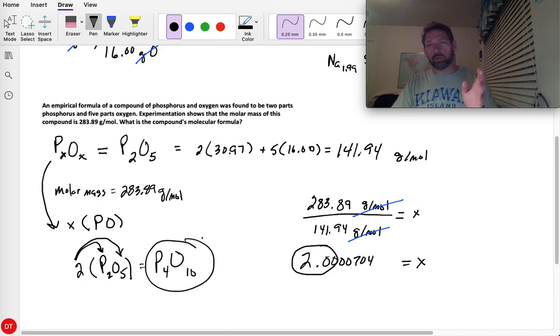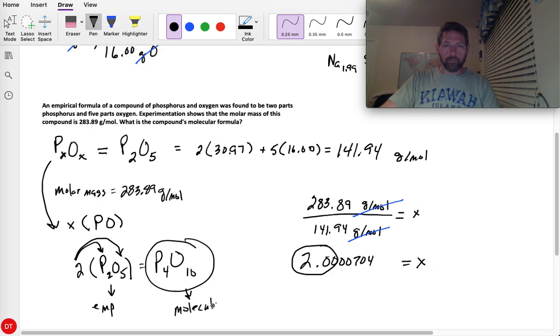So molecular formulas, remember, like your basic glucose, the empirical formula, the smallest ratio, is CH2O, but glucose, the molecular formula, is C6H12O6, right? So here, the same thing is true. Here, this right here is the empirical formula, the smallest ratio. This right here is the molecular formula.